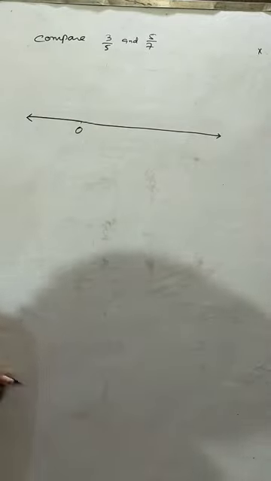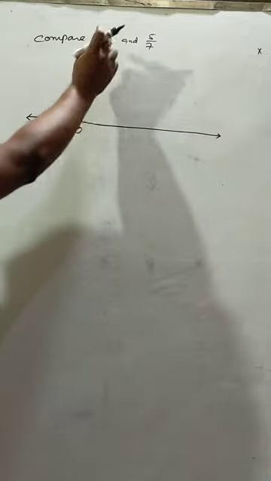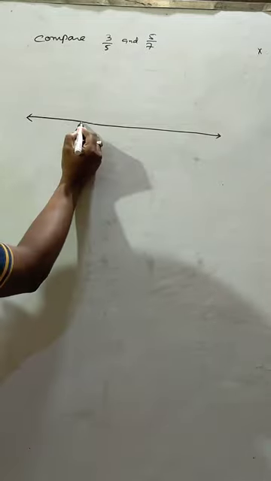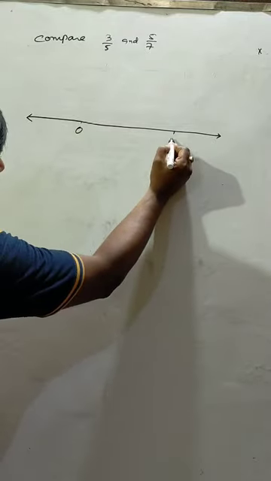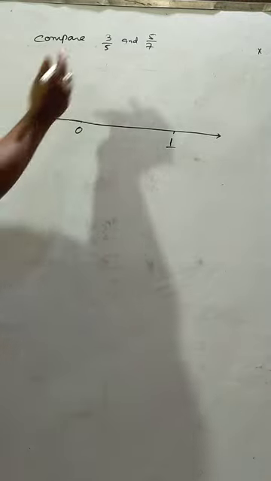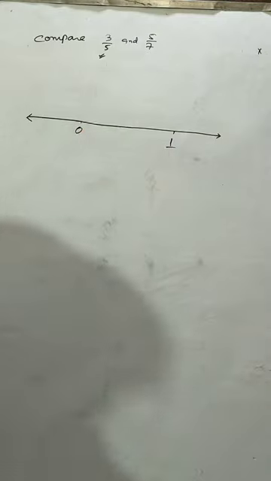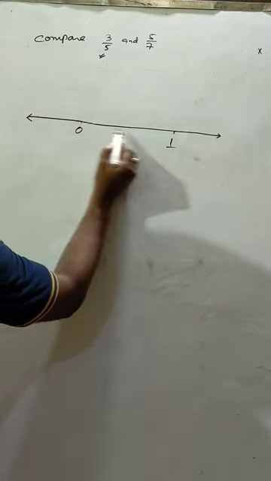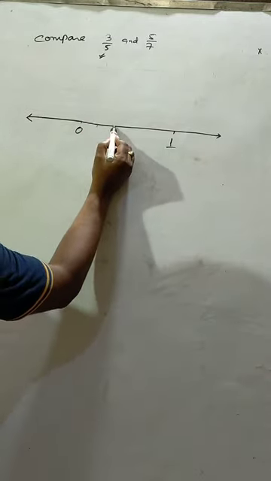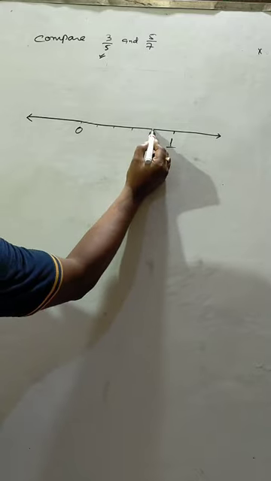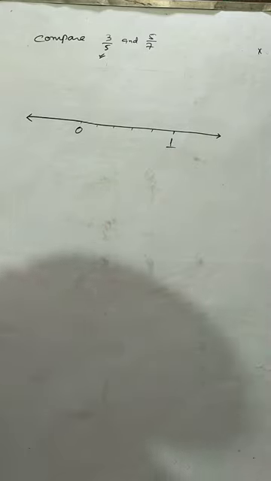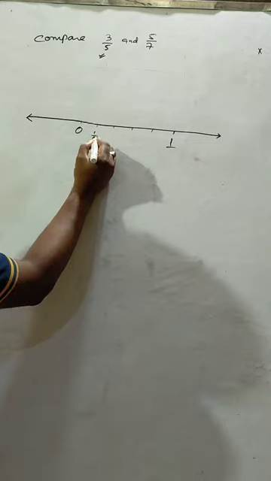This is 5 by 7, this is also smaller than 1. So first of all, represent from 0 to 1. Suppose this is 1. To represent 3 by 5, we have to make 5 equal parts. So 1, 2, 3, 4, this one is 5. So this is 1 by 5.